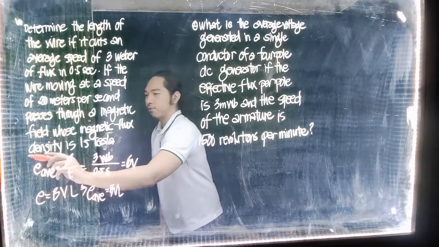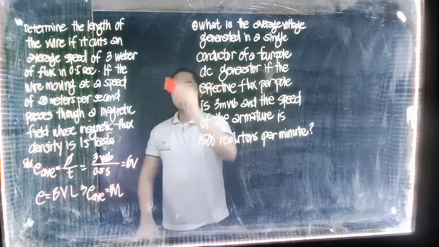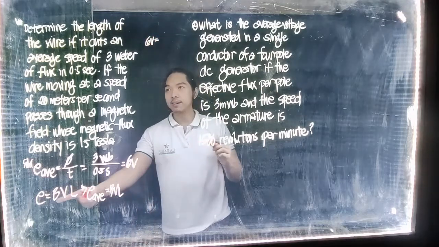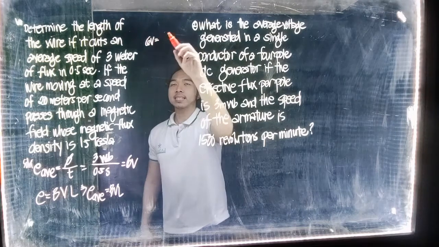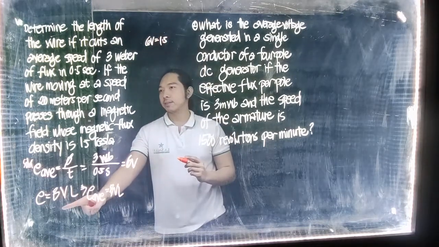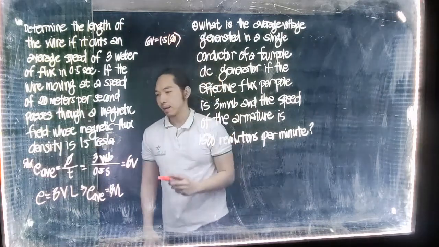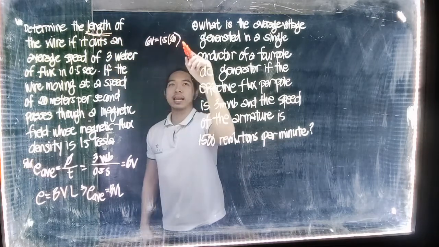So this is the solution. 6 volts is equal to B. Do we have B here? B is 1.5 Tesla. Velocity is in meters per second, so we have here 20. And L is the missing parameter, the length.